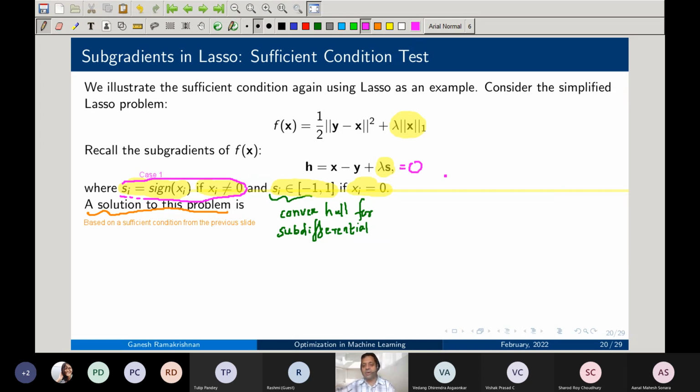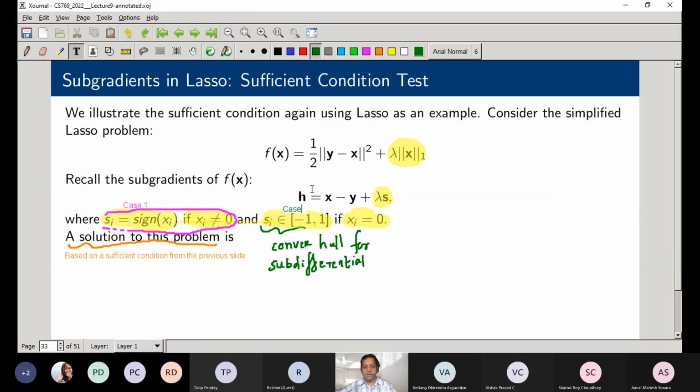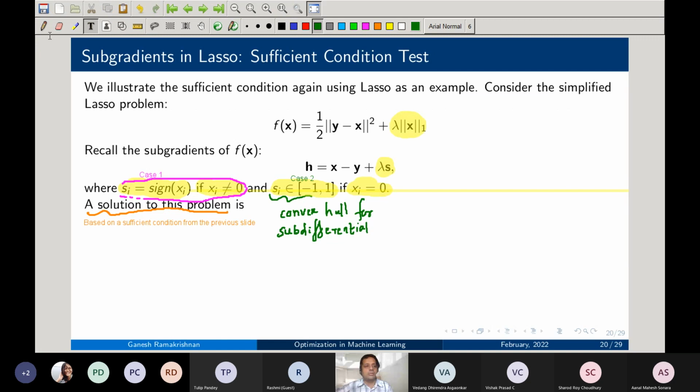How do I set it to 0, based on these cases? Now we are talking about x_i star, a point of solution, which satisfies the sufficient condition. What would you expect at such a point? So this is case 2. Anyone?